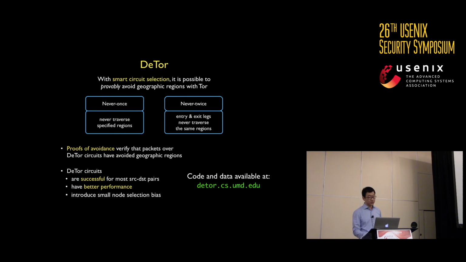It also provides proof of such avoidance for packets traversing the circuit. We evaluated DeTor and found that it is successful for most source and destination pairs, usually has better performance than a normal Tor circuit, and only introduces a slight node selection bias. Our code and data will be available at this website. Thank you for your time.